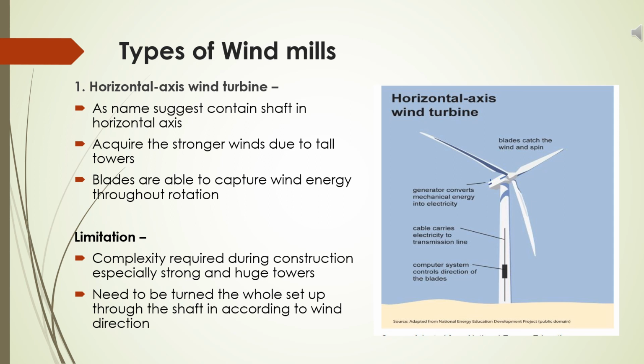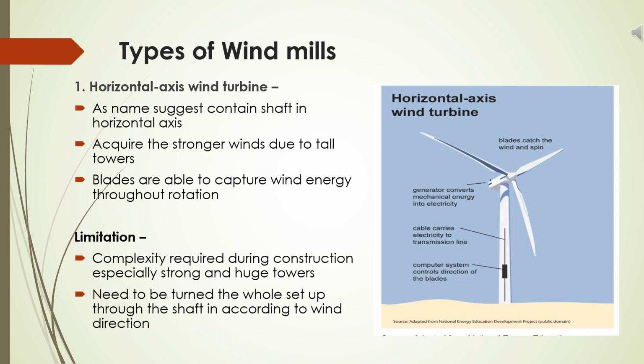You can see in the figure also, it's a very tall structure, a very tall tower, due to which these types of windmill are able to acquire the stronger winds. Blades are able to capture the wind energy throughout the rotation. Means all the blades are facing the wind in the same manner.